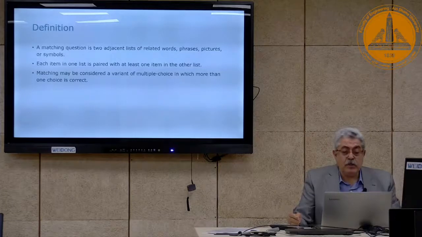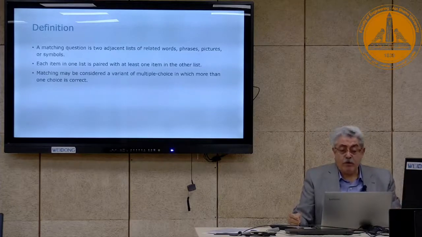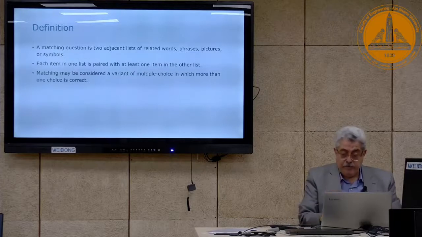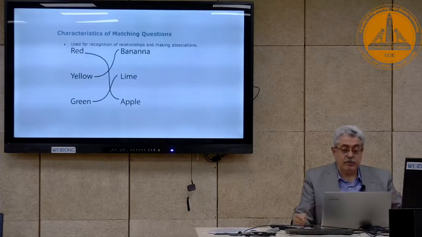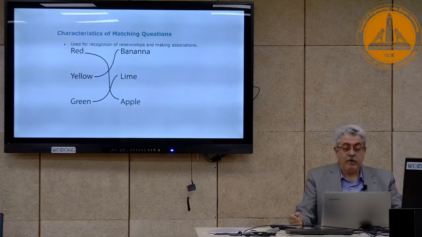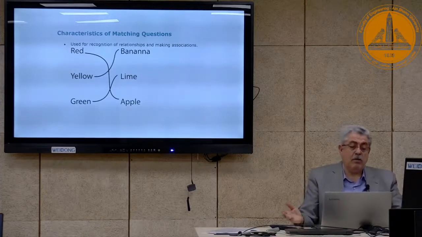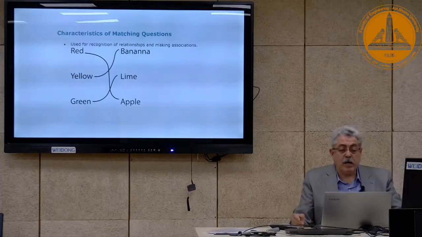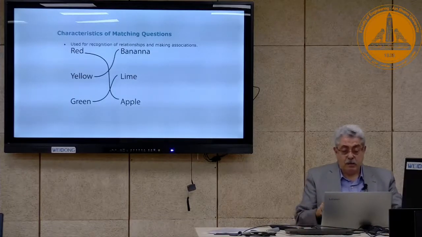Matching may be considered a variant of multiple choice in which more than one choice is correct. This is a simple example used for recognition of relationships and making associations, where the list on the left-hand side is red, yellow, green, and the list on the right-hand side is banana, lime, and apple.